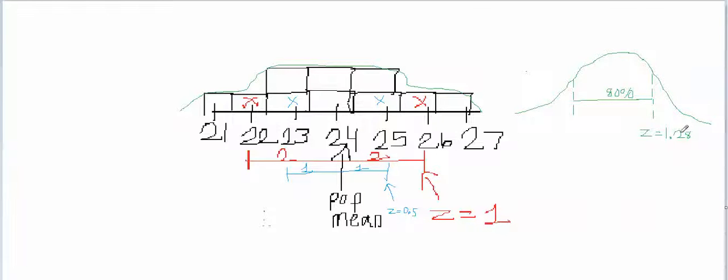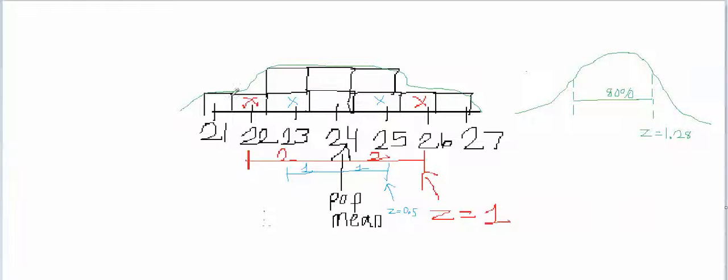Let's compare that with what the z-score was at the upper boundary of the middle 80% in this set of samples. It came out to 1 when we calculated it. And what this says is, if these samples followed a normal curve, the z-score at the upper boundary would be 1.28.